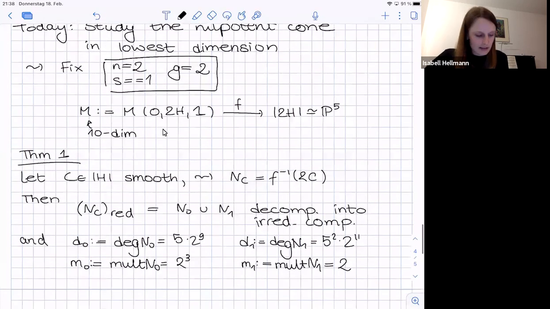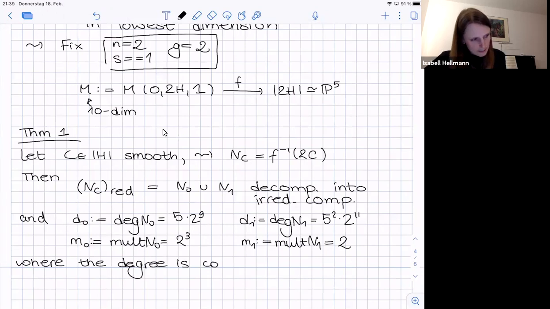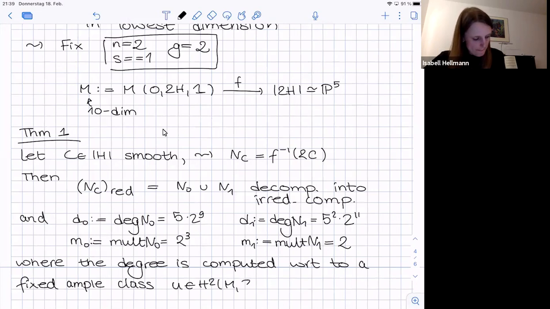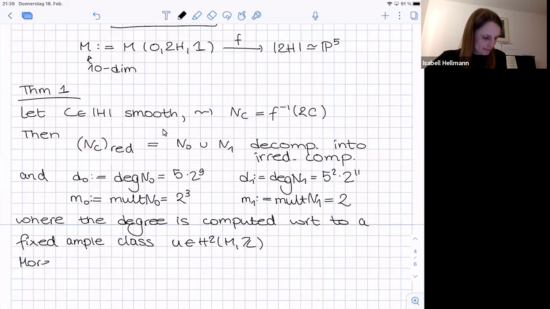So it only makes sense to speak about degrees when I have some fixed ample class. And I do fix one here. So the degree is computed with respect to a fixed ample class I call U in H2 of M, comma Z. And more precisely, I define it as follows.